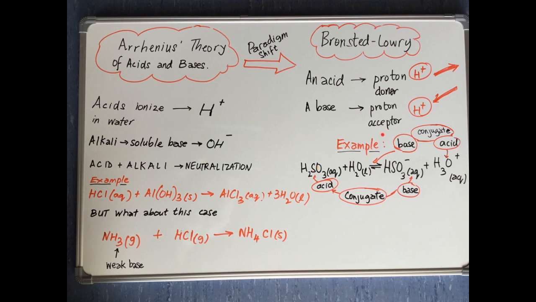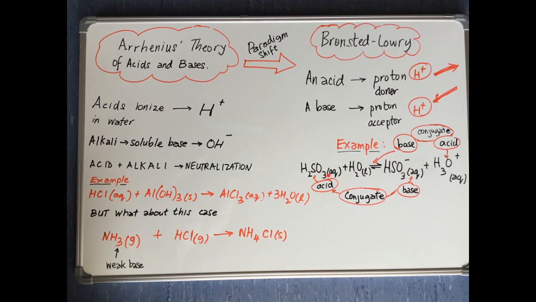H2SO3 then becomes HSO3 negative. The conjugate acid-base pair being these two, with here a proton being donated to produce this, and if the reverse reaction were to happen, then HSO3 negative would accept a proton and return to the acid.